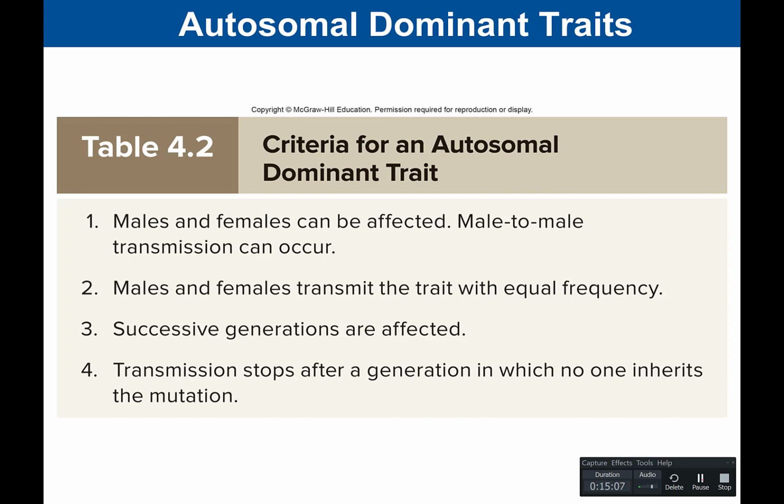Remember that autosomes are chromosomes that don't determine gender. Successive generations are affected, so you see this in multiple generations. And then the transmission stops after a generation in which no one inherits the mutation, right? So if nobody inherits the mutation, that trait no longer is passed on.